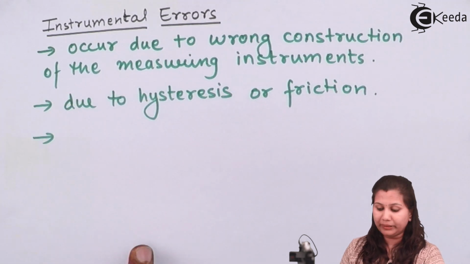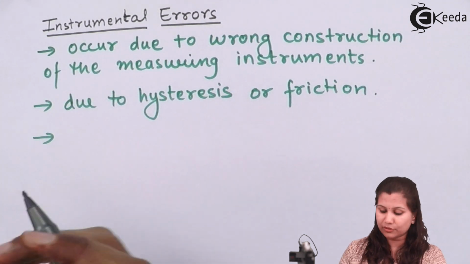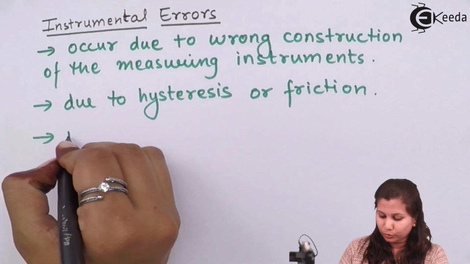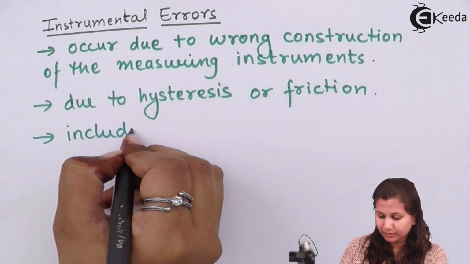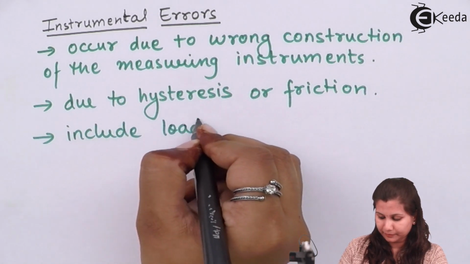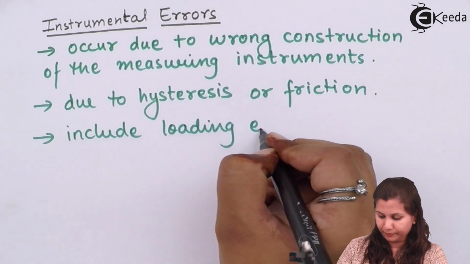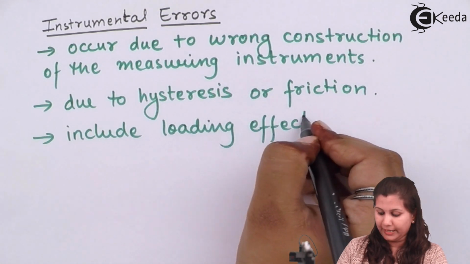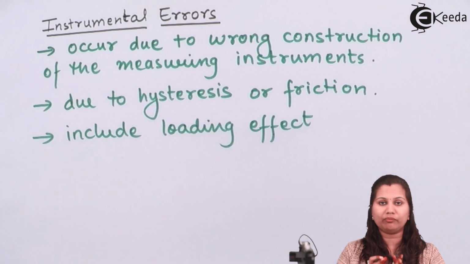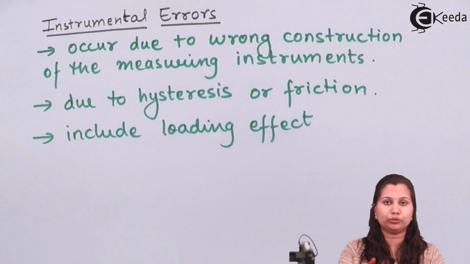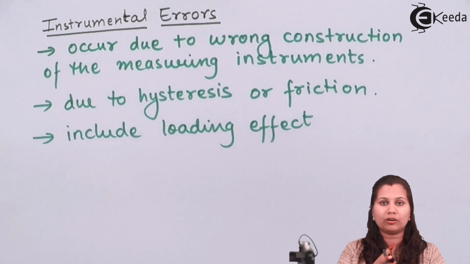Now instrumental errors include loading effect. Hysteresis means that when we are applying an input, when we are increasing the input to the instrument, we are also getting an output which is increasing.